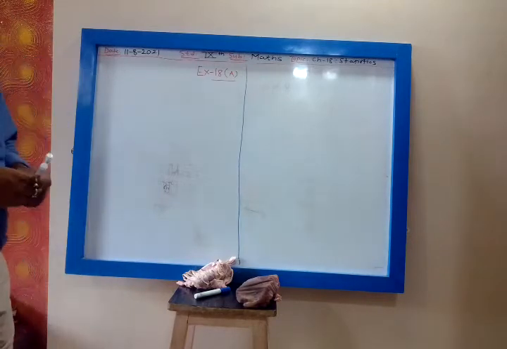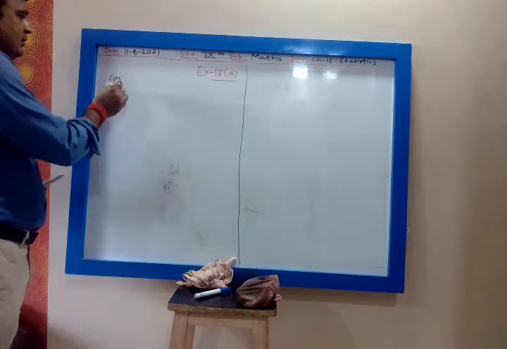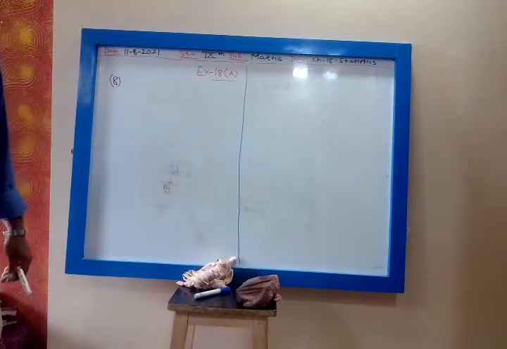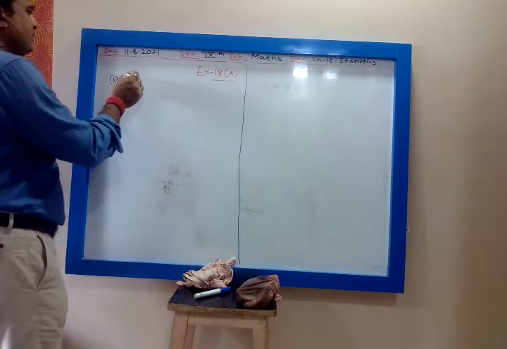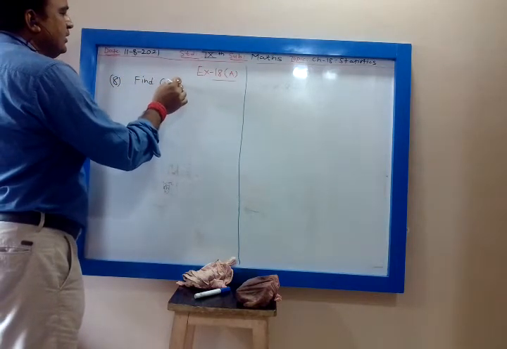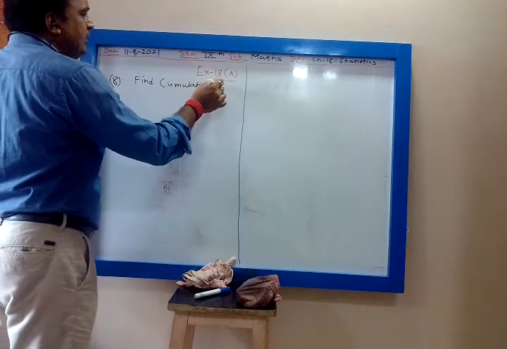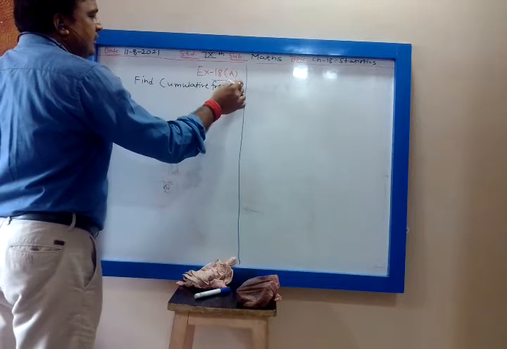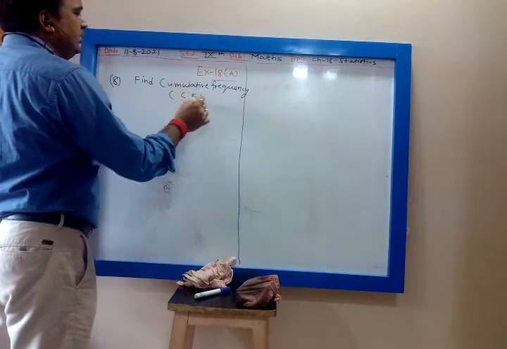Okay. Now let us solve 8.1. Construct a cumulative frequency distribution table from the frequency table given below. So find cumulative frequency. We read it as CF.